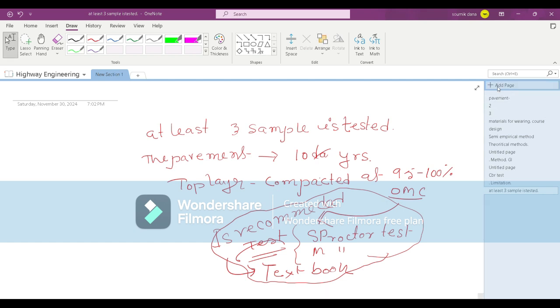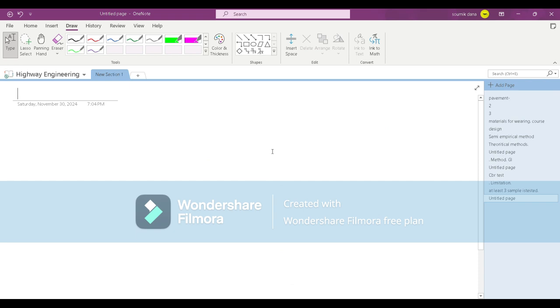Now, what are the limitations of the CBR test?